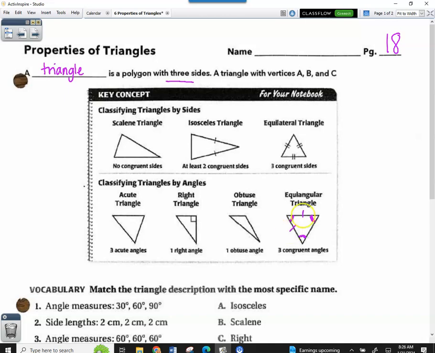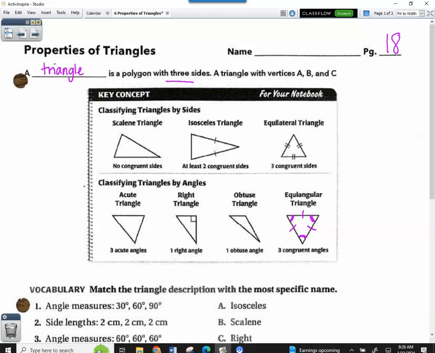So you can come to an equiangular triangle and mark that all the sides must be equal as well. Which brings me to the word to describe a triangle where you know the sides are equal. It's called an equilateral triangle. Lateral means side. Equilateral, equal sides. So the name of the triangle is literally telling you what's equal.